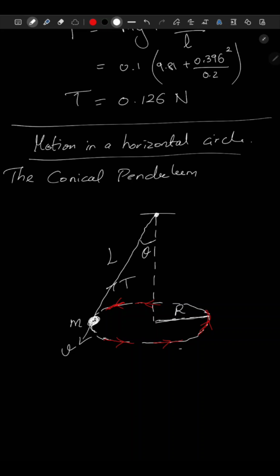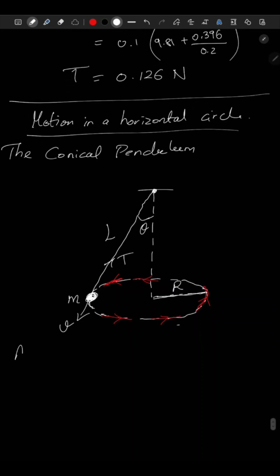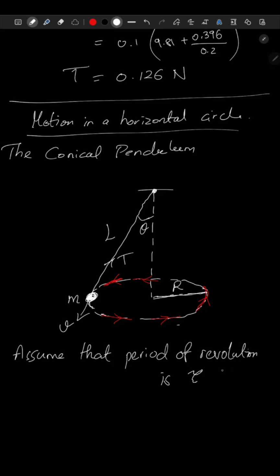So the mass is m, traveling along the circle of radius R, capital R. So let's assume that the period of revolution is given by, we call this symbol the tau.